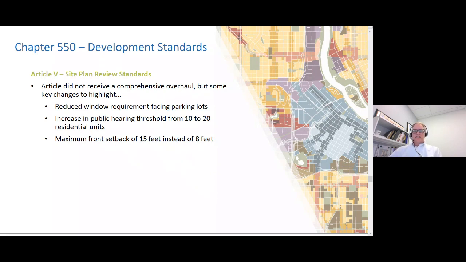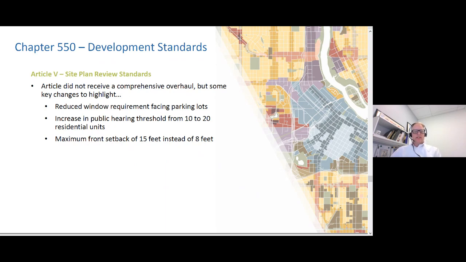We didn't comprehensively overhaul site plan review standards at this point. There are a few things that have become more flexible, however, in the site plan review regulations. We reduced minimum window requirements pretty substantially when facing an on-site parking lot. Residential structures formerly automatically had a trip to the Planning Commission with a public hearing at 10 units.